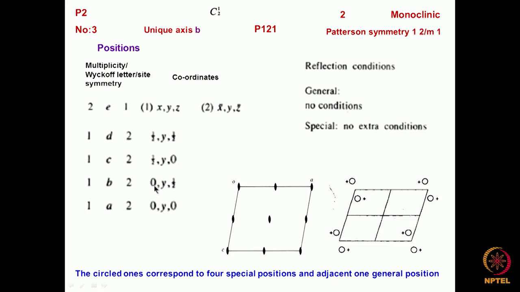So if you consider that, this is 0 in the x direction, half in the z direction. That means this point, I can put one here, or if I choose this point, then this particular position gives where the atom or the motif could be placed, and here it is going to be half, y, half.